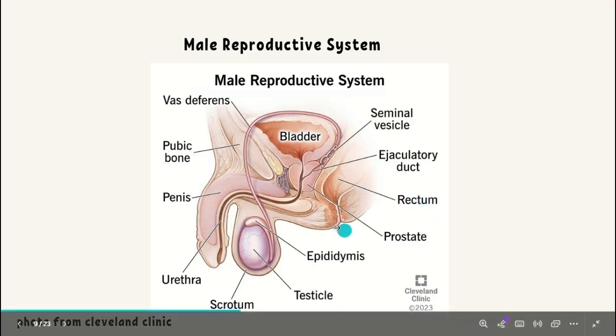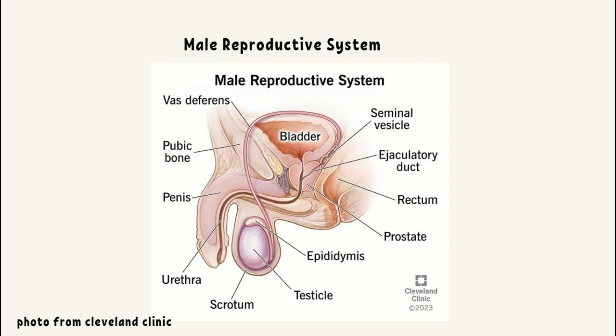and let's talk about the prostate. So basically, it's a walnut-shaped gland that surrounds the urethra and adds fluid to the semen, right? So that's really what it does. So we know that the seminal vesicle is what's going to make up the semen.